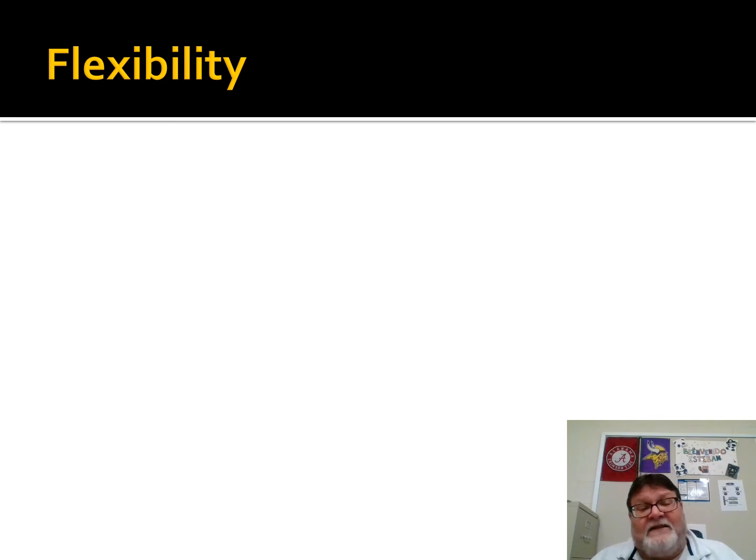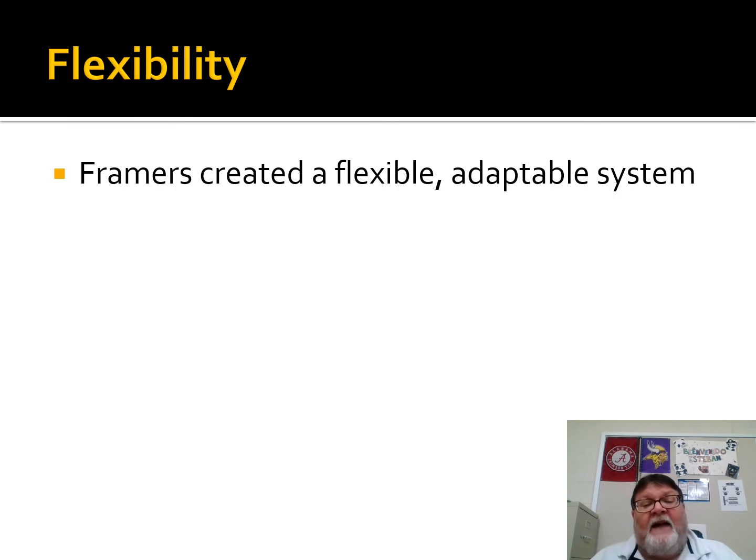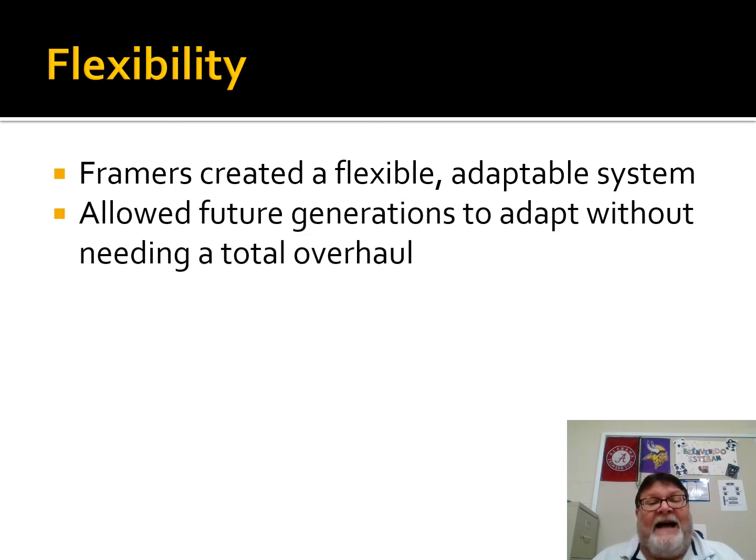And lastly, then, this is the last slide. What have they created as a whole? A flexible, adaptable system. Something that allowed us, the future generations, to adapt without needing a total overhaul, to be able to change things the way we saw things perhaps needed to be changed, and do it without having to do what they did, which was go in and do a brand new document.